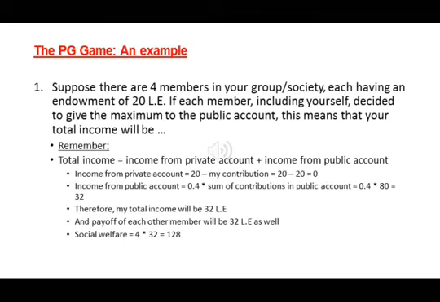So it is the best scenario for everyone to contribute the maximum so that everyone will benefit even more than your initial endowment. Let's look at the other examples in order for you to better understand the public good game.